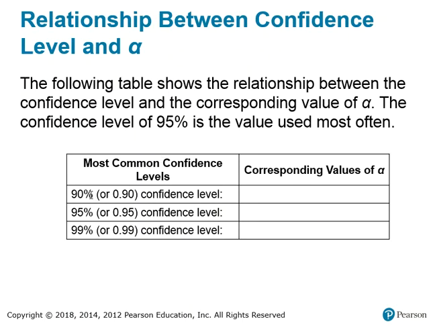Now with that, I have a little chart here. If we are 90% confident in our interval, then our alpha level is going to be 1 minus 0.9, which gives us an alpha level of 0.10. If we have 95% confident, it's 1 minus 0.95, so I have an alpha level of 0.05. 1 minus 0.99 gives me an alpha level of 0.01.